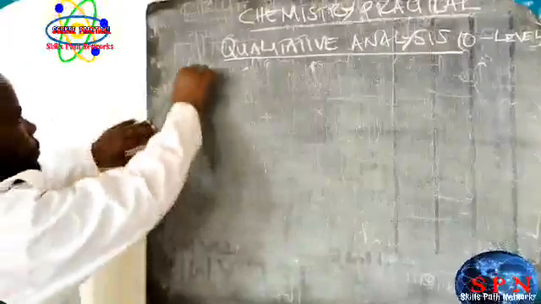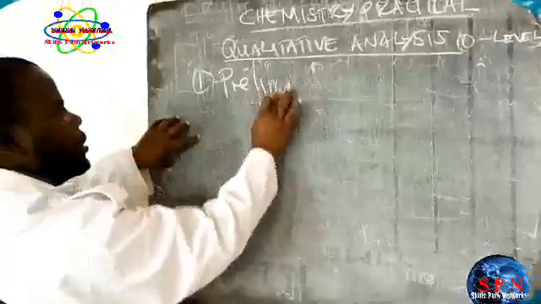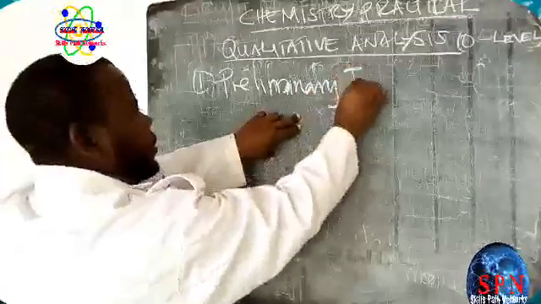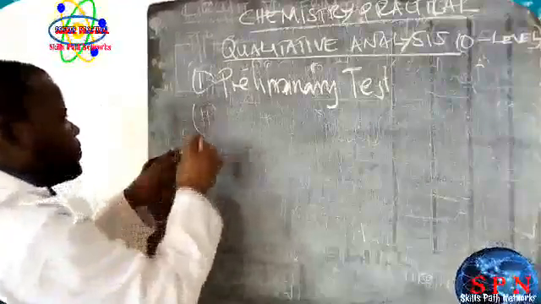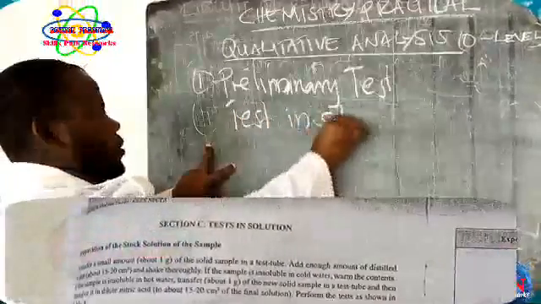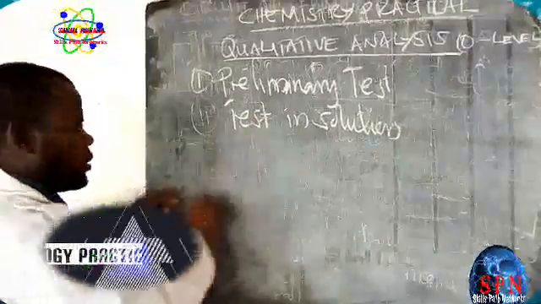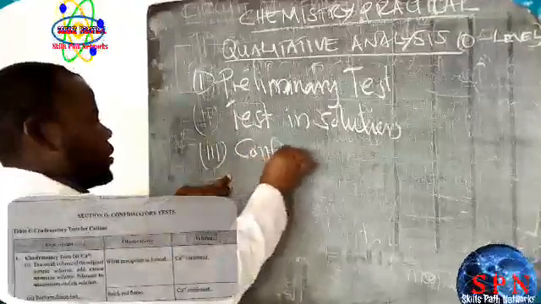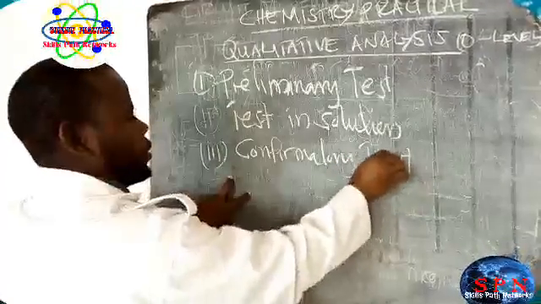Qualitative analysis is a systematic procedure performed in three sections. The first is the preliminary test. The second is the test in solution. The third is the confirmatory test.